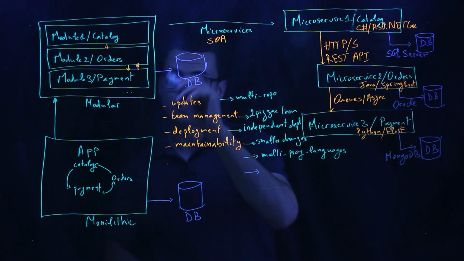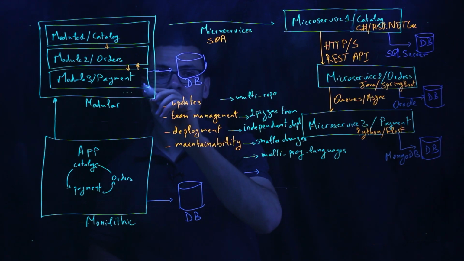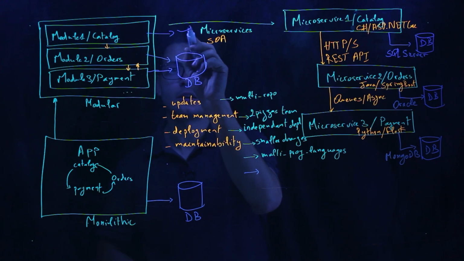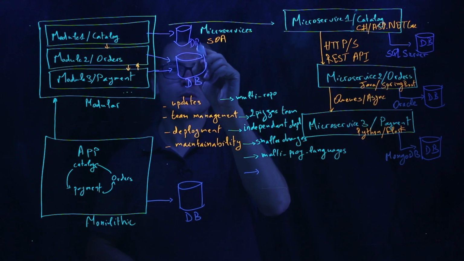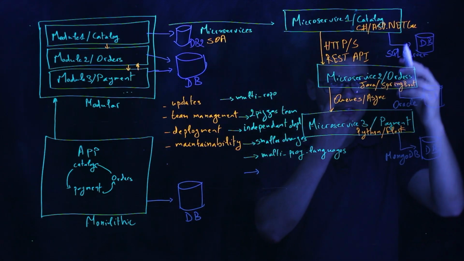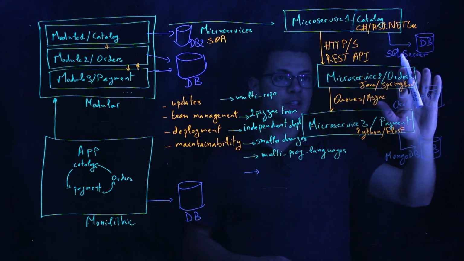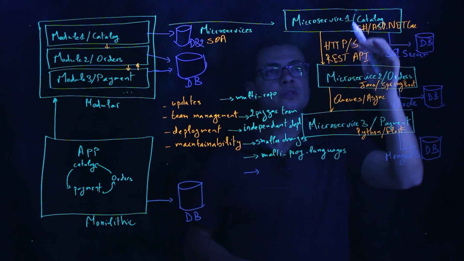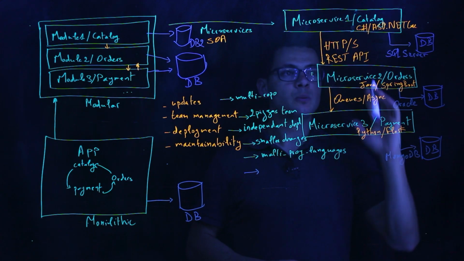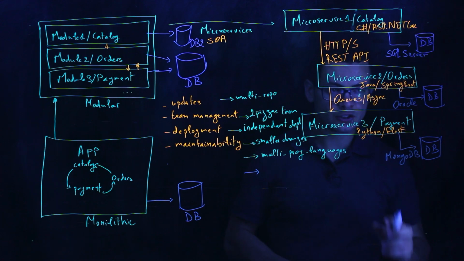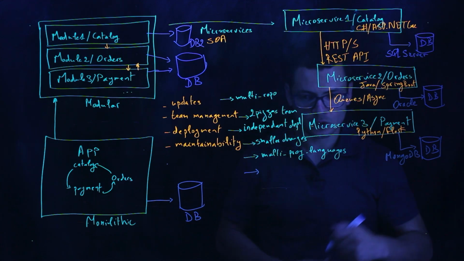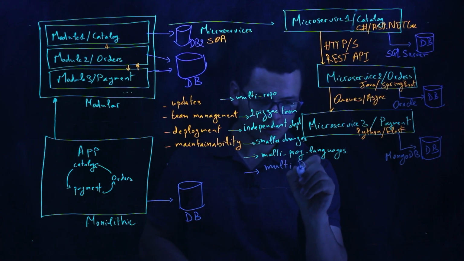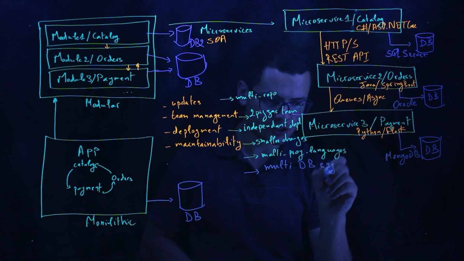Yeah, in the modular application, we can connect to different databases, DB2 for example. But here, the separation of concerns between the different microservices gives me more freedom to use the database engine I want. So I'll note here multi database engines.